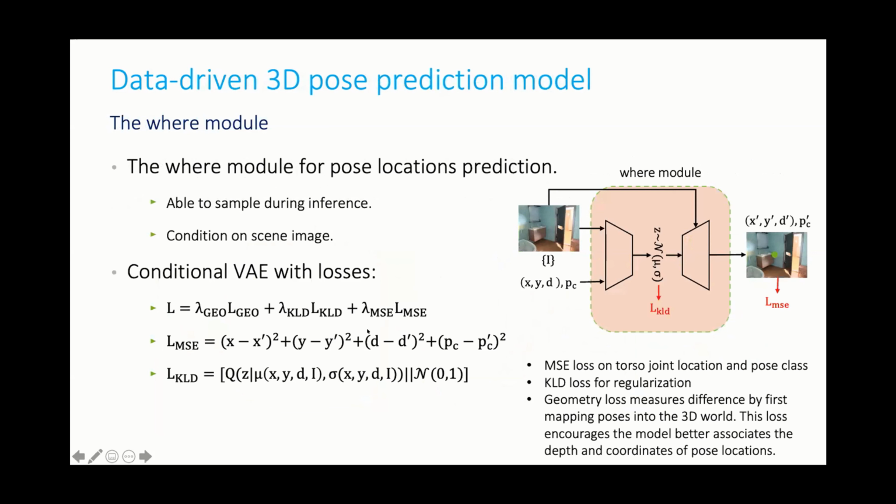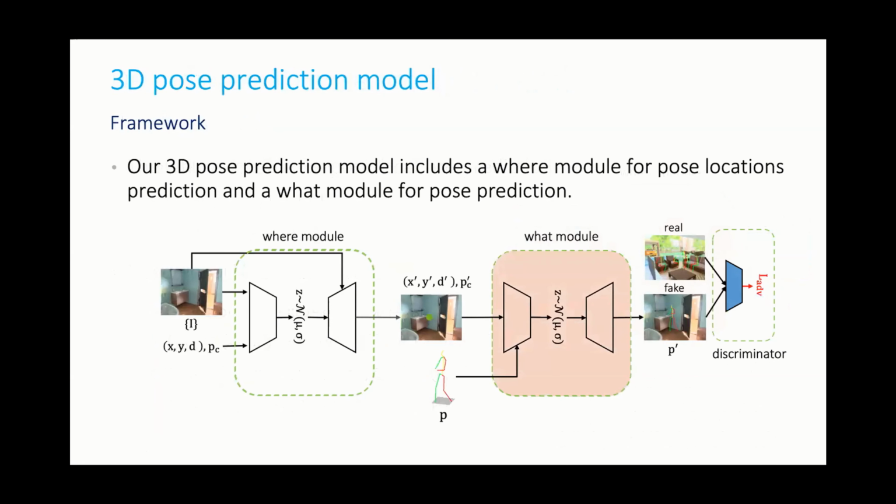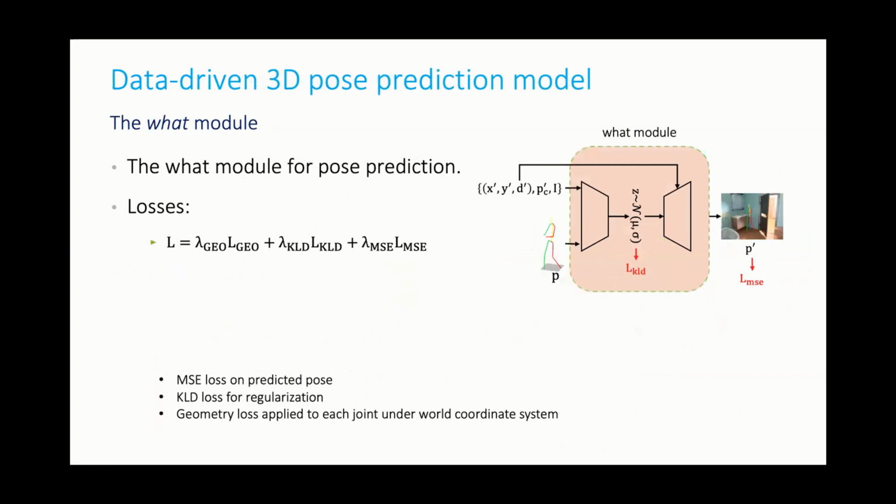For details, please refer to our paper. We use both 2D pose and 3D geometry, and also KL divergence for regularization. The what module is also similar to the where module, but with different losses. Basically the second part is similar to the first work I described.